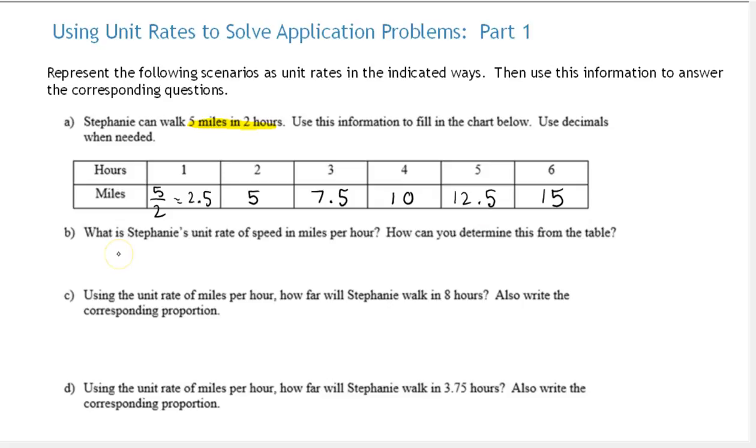So now we're asked, what is Stephanie's unit rate of speed in miles per hour? And we already discussed this. We can see this from the first column. If we're thinking of unit rate of miles per hour, it's going to be miles over 1 hour. And we can see that 2.5 miles corresponds to 1 hour.